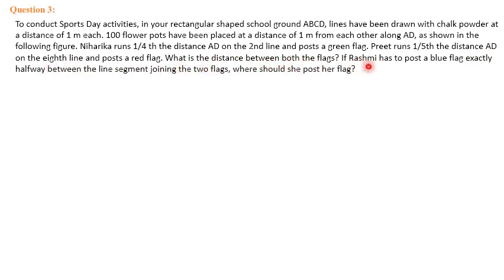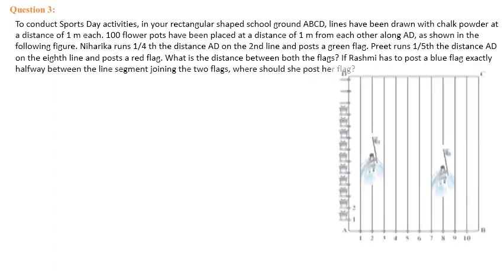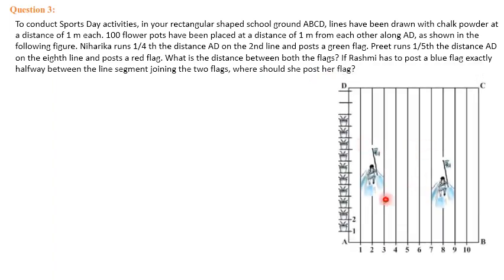And another person, Rashmi, has to post a blue flag exactly halfway, means in the middle of these two people who already posted the flags. In between these two, exactly in the middle, she has to post. So where is the position? That is the question.